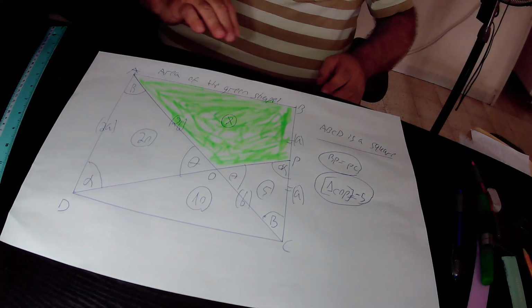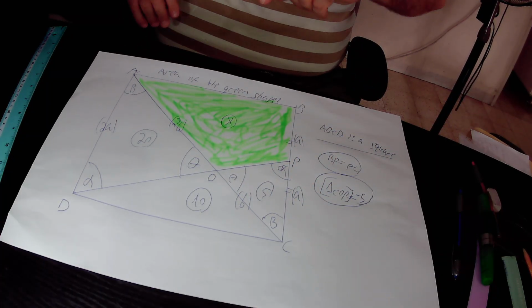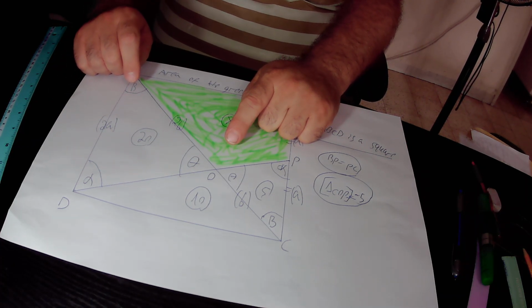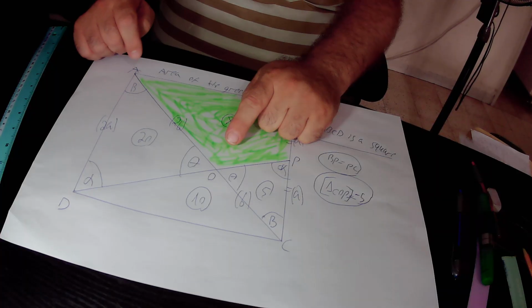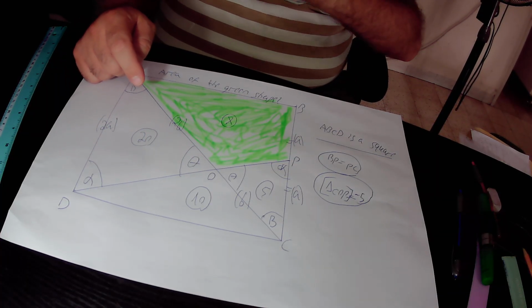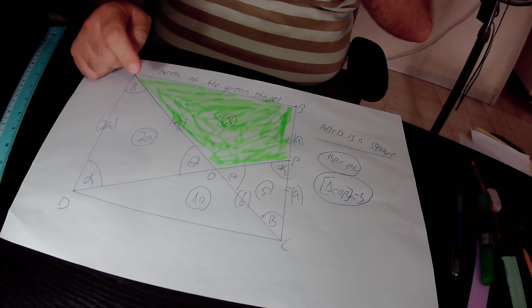Because in our drawing, we have the big right triangle ADC. This is line segment OD that divides the big right triangle ADC into two parts. So all the requirements of rule 23 are satisfied, and therefore we can implement rule 23.